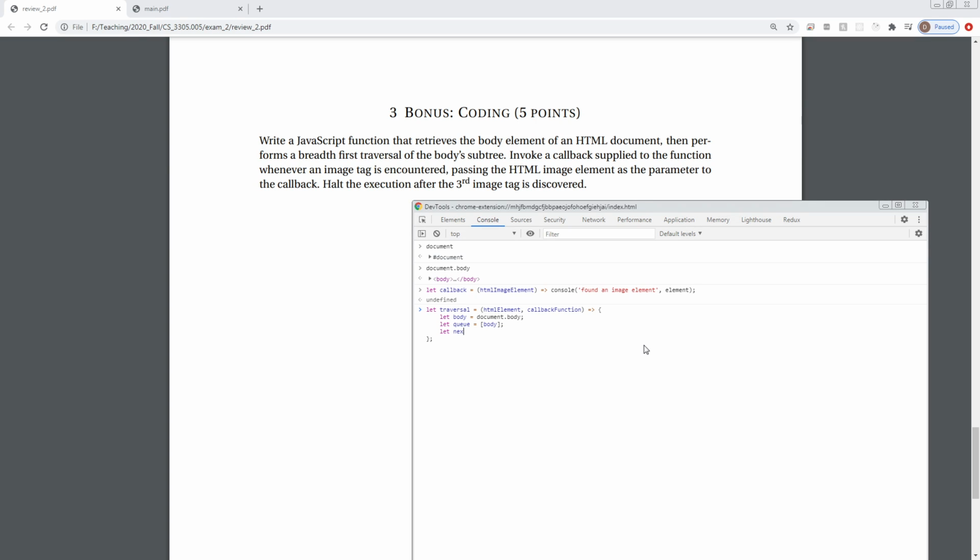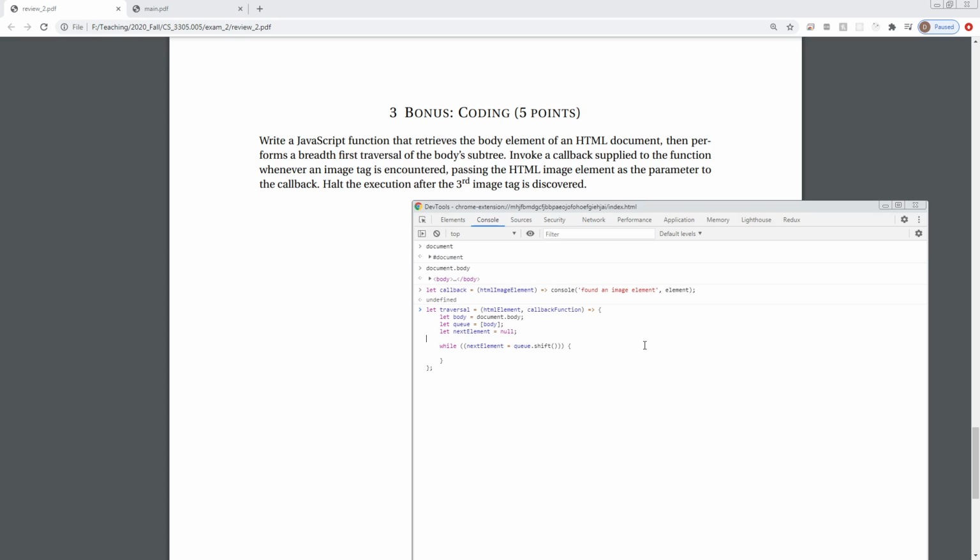And then we have some next element, which we initialize to null. And then we loop. So while next element is equal to queue dot shift, and that'll be null or undefined whenever it's empty, and so it'll automatically terminate that way.